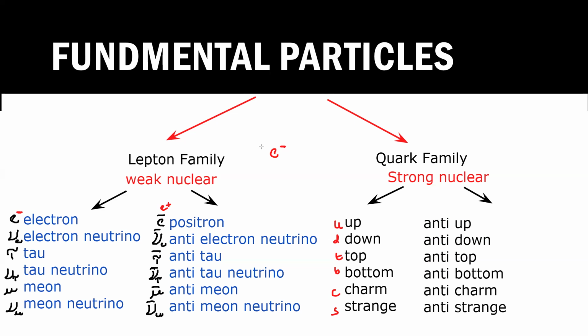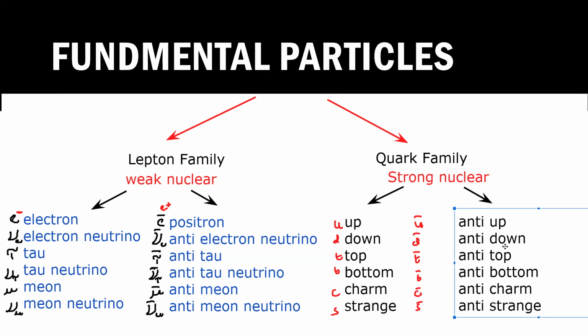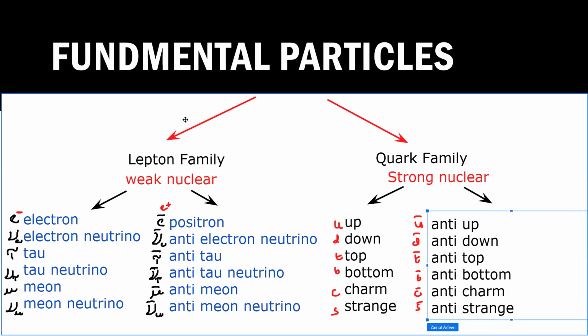In the same way, anti-up will be u bar, anti-down d bar, top t bar, b bar, c bar, and s bar. These are the antiparticles. What is the difference between a particle and the antiparticle? The particle and the antiparticle have different charges. You have to learn this.